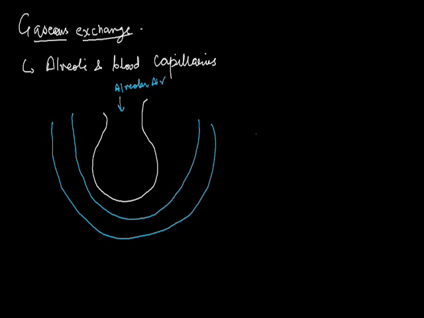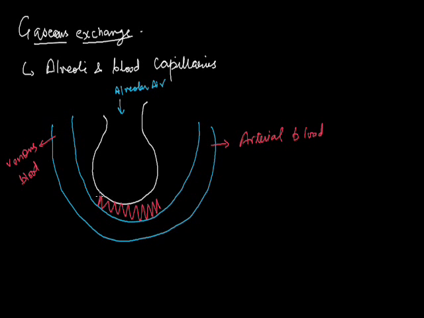Here the blood is flowing, and that blood is venous blood, because that is impure blood which is coming back to the heart from the body. And on that side here, it is the arterial blood, meaning pure blood which does not have carbon dioxide in it and only contains oxygen. Now this surface between the alveoli and the blood capillary is known as the respiratory surface.